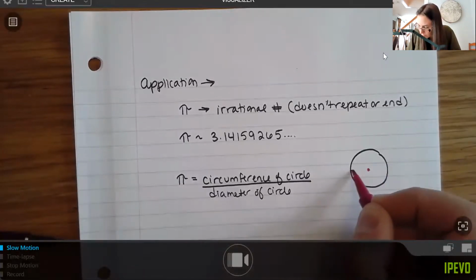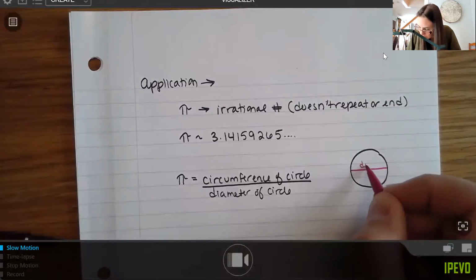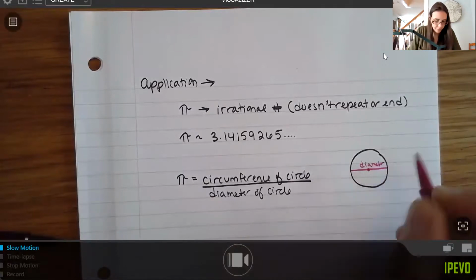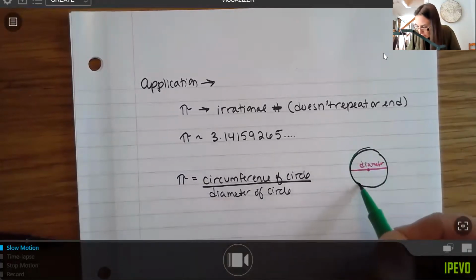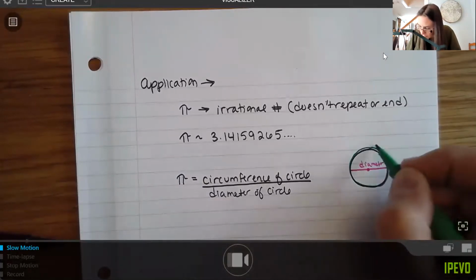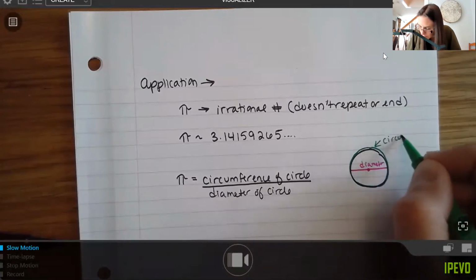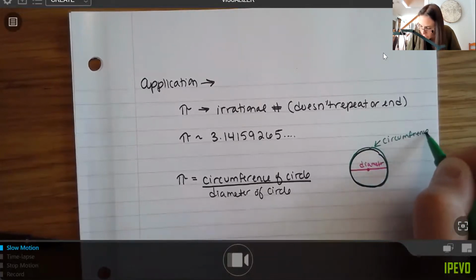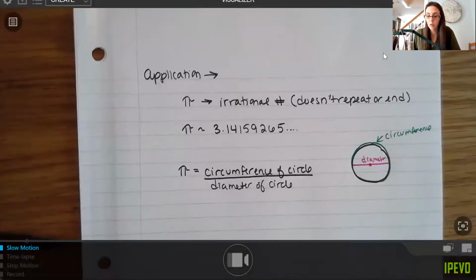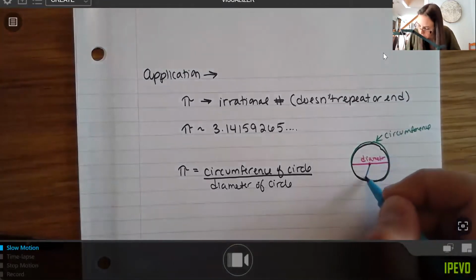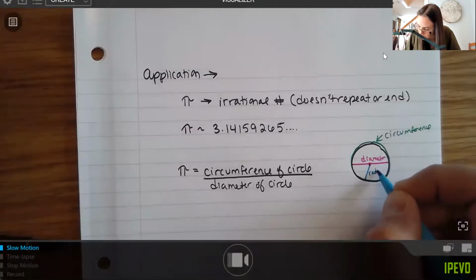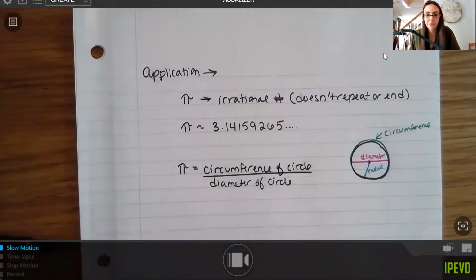So your diameter is the full way across. And then the length around the circle is the circumference. So it's actually a fraction or ratio that compares those two things. And just as a little side note, halfway across the circle, that is a radius. So I'm sure many of you have heard that phrase as well.